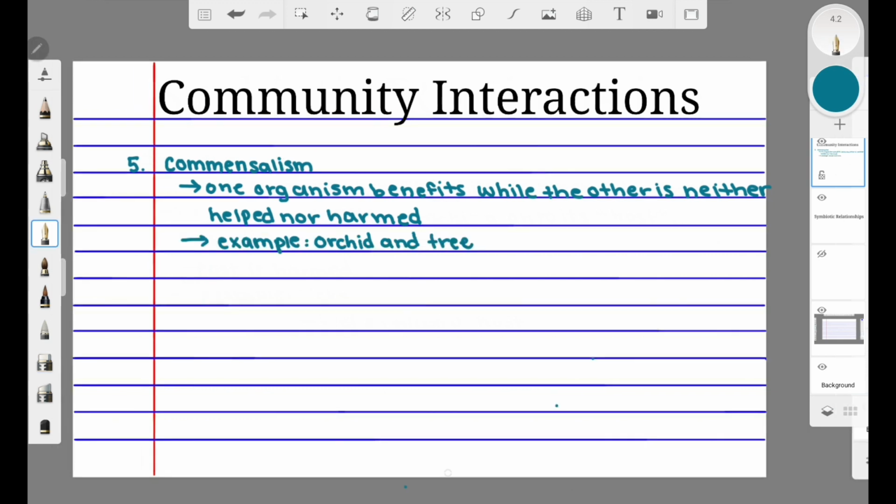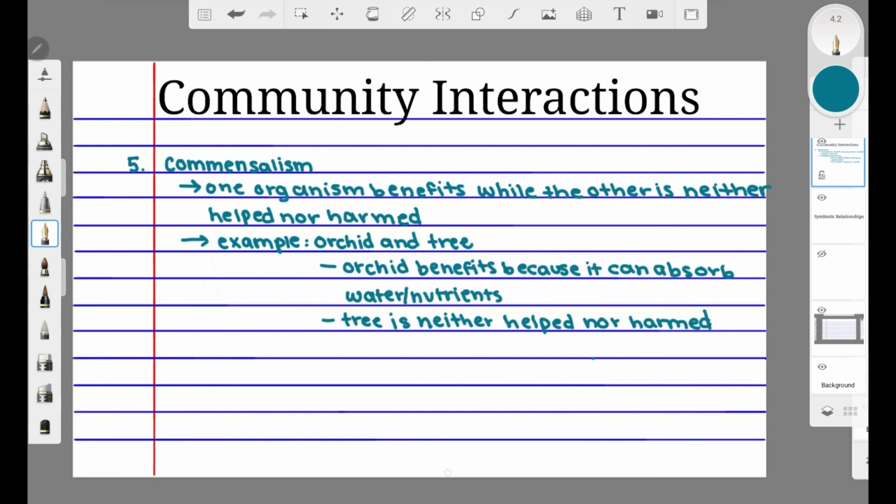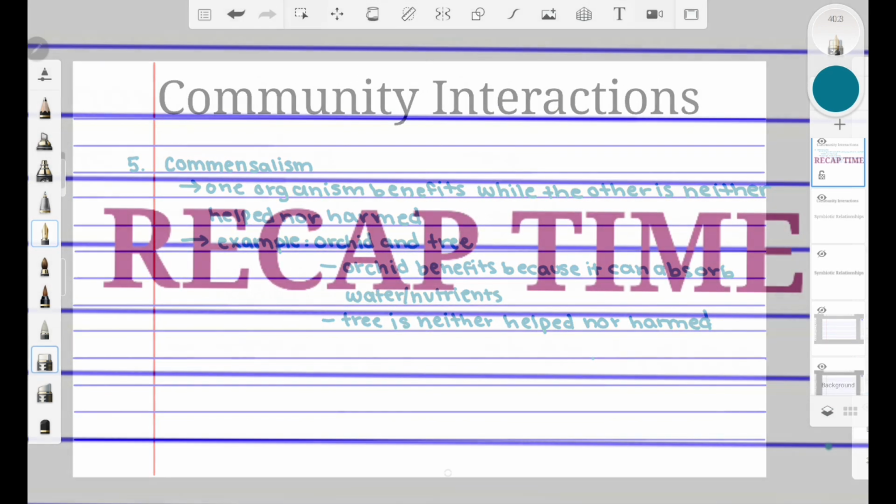An example of commensalism is the orchid that grows on a tree. The orchid benefits because it can absorb water and nutrients, but the tree is not helped, nor is it harmed. It's not impacted or affected at all.